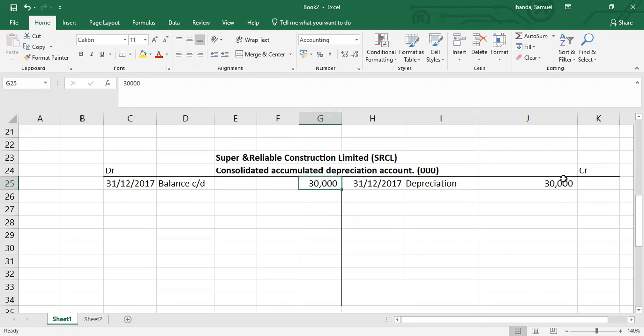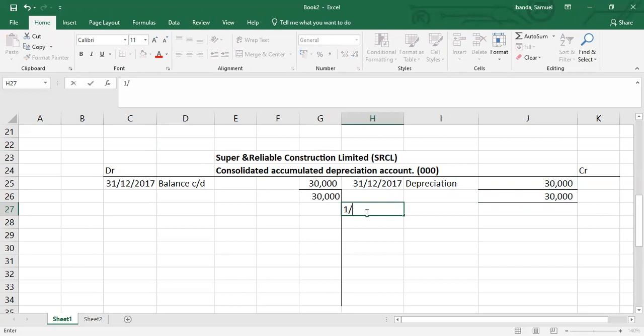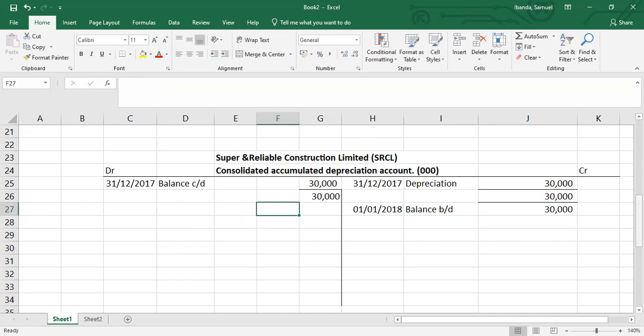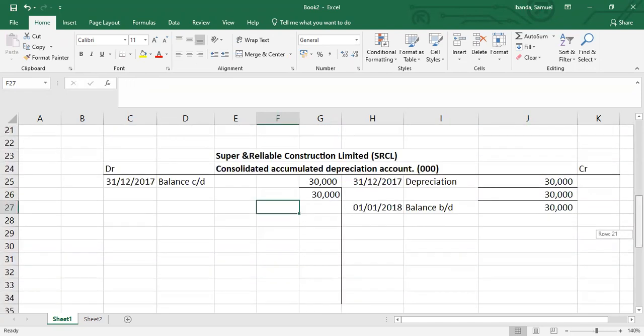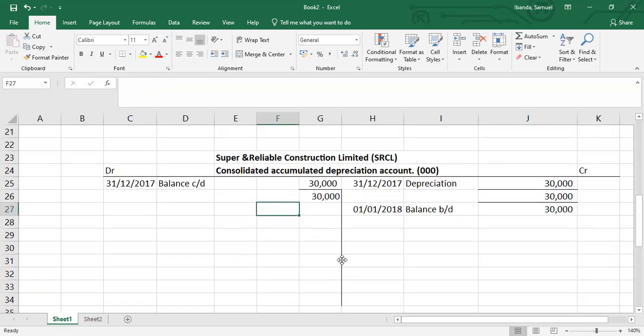So this will be 30,000. And then on 1st January 2018, I'll have my balance brought down to be 30,000.